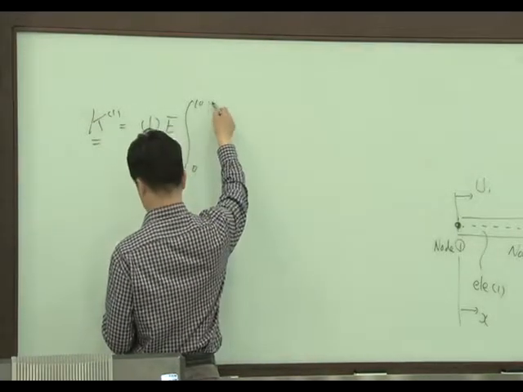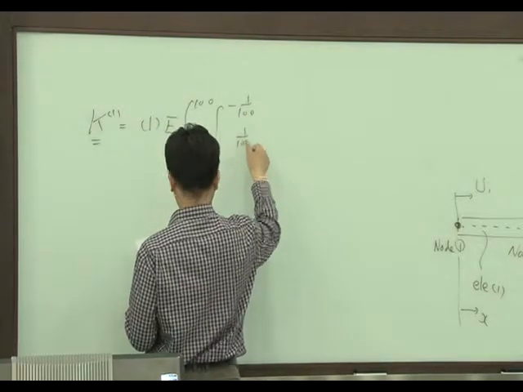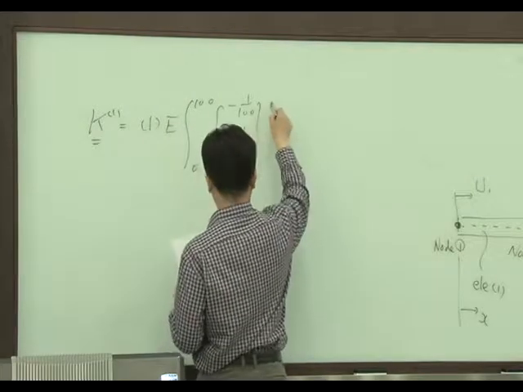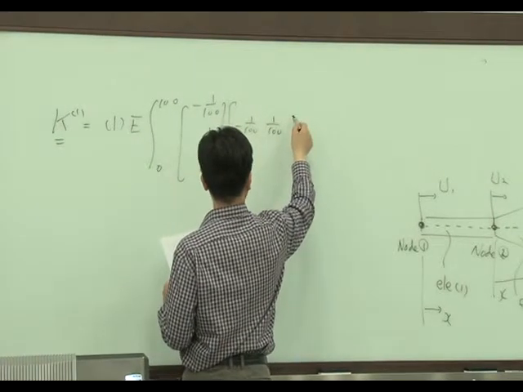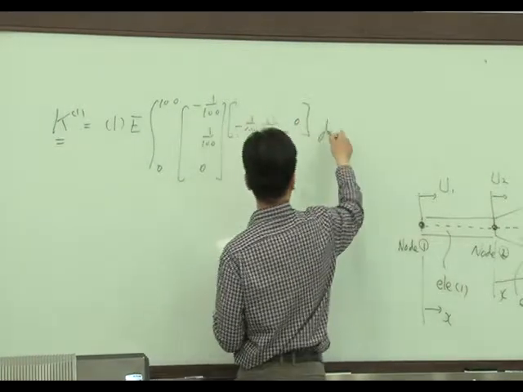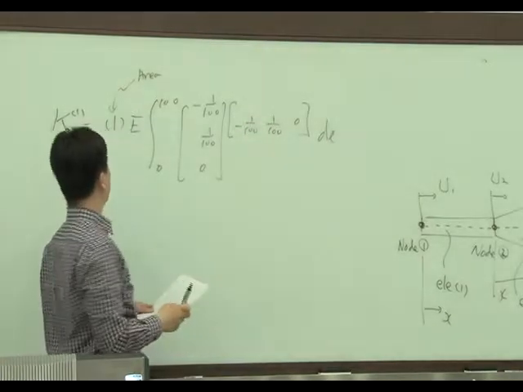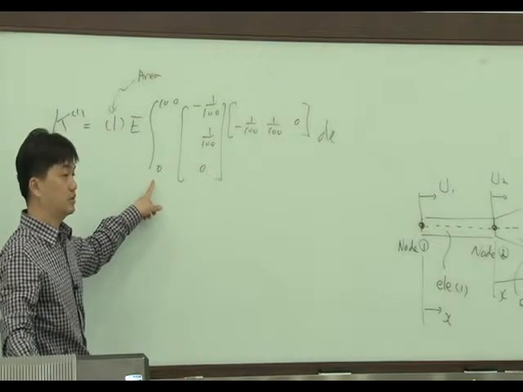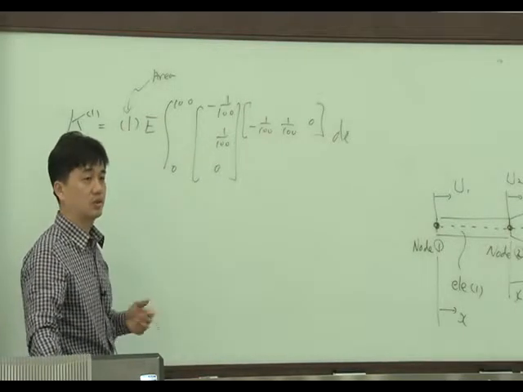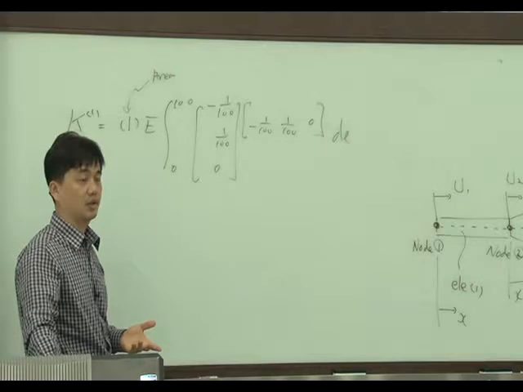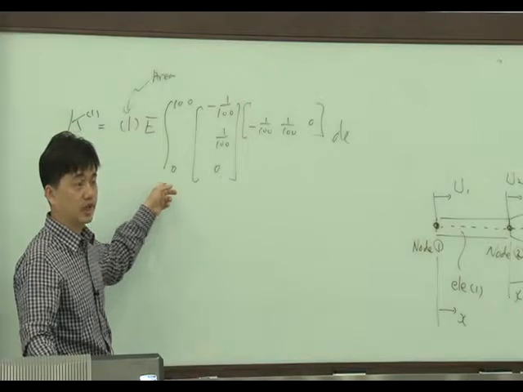With B1 being minus 1 over 100, 1 over 100, 0, and area 1, dx. This is the area. The area is constant, and the integration is over the length. Actually all of this means volume integration, right? Because the area is constant, the volume integration just becomes a line integration.